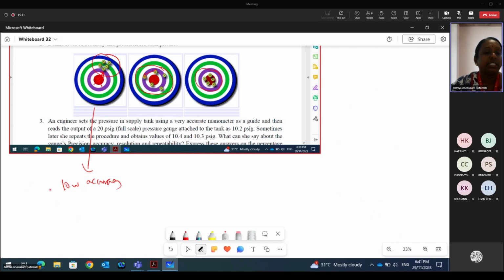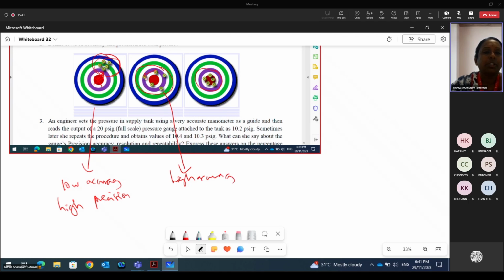Okay. Talking about precision, meaning how close the points are with each other. So if you notice, all these plots are close to each other, so we can say it has high precision. Okay, now for the second figure, it is very close to the target, so we can say high accuracy.